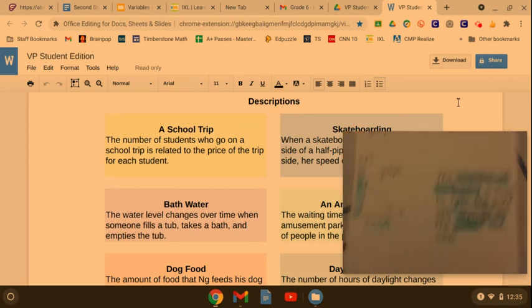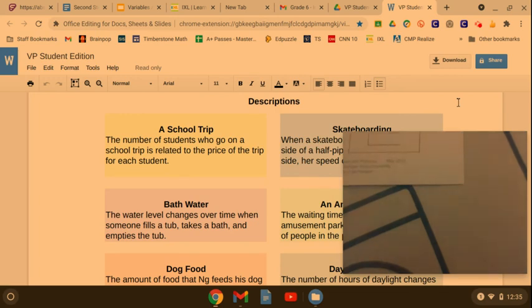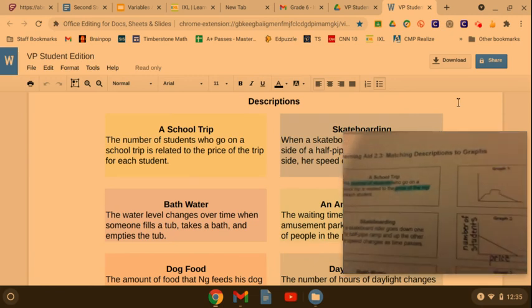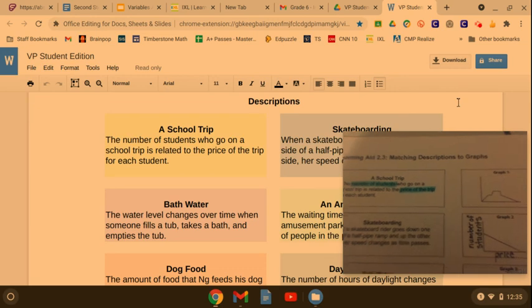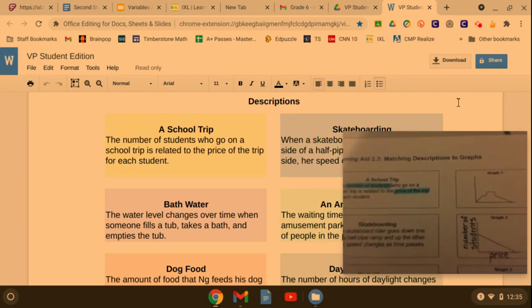So I went ahead and I filled that one out for you to get you started. We have highlighted the number of students and price of the trip, and it actually matches up with graph number 2. So I wrote down on the graph where the dependent and independent variables will go.